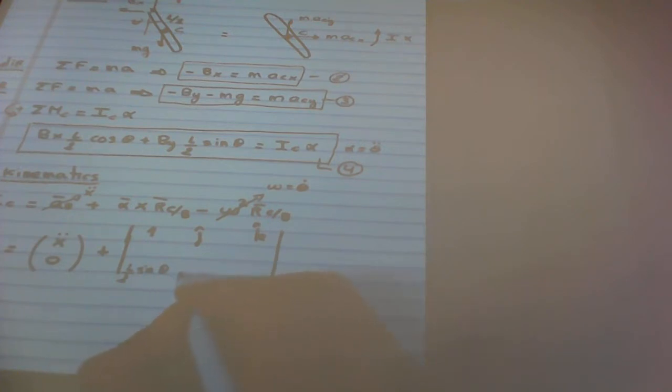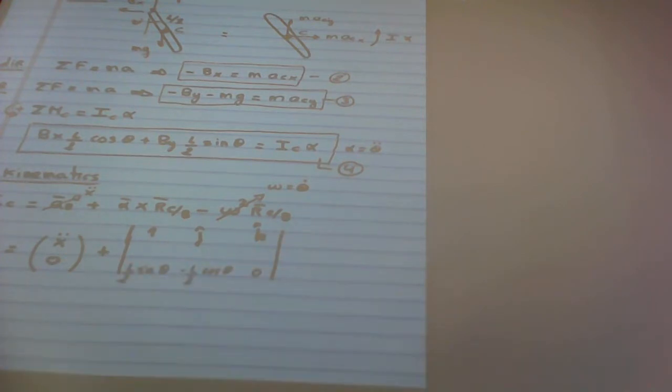What is the position of C with respect to B? What would be the x? L over 2 sine theta. L over 2 sine theta, position of C with respect to B. And what would be the y? Negative L over 2 cosine theta.